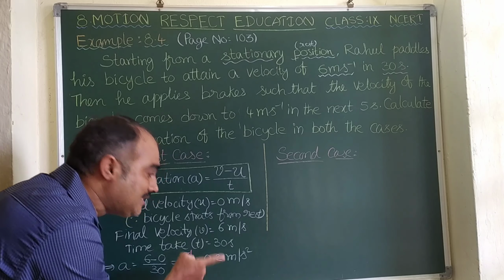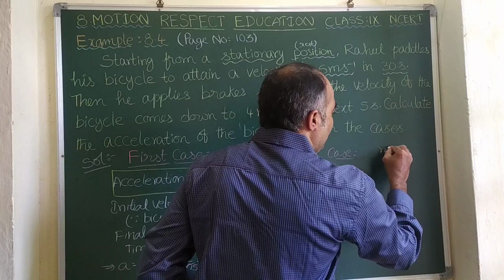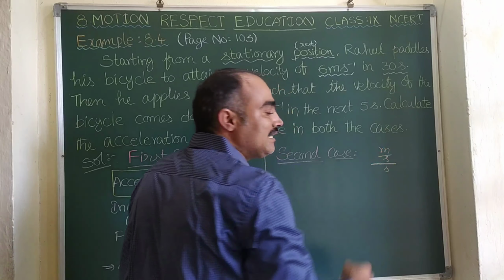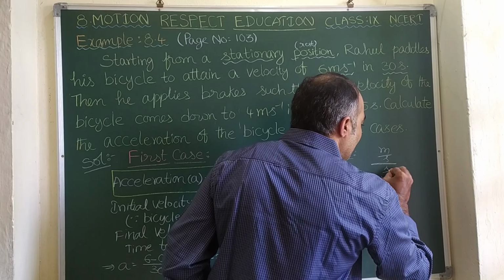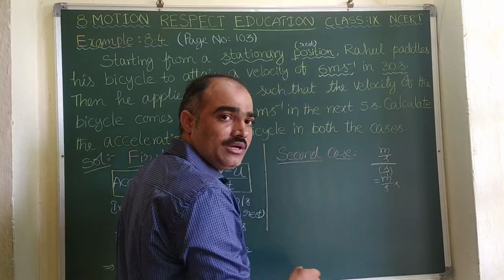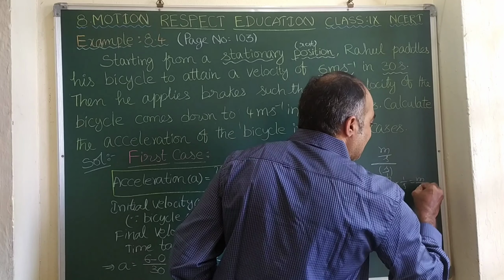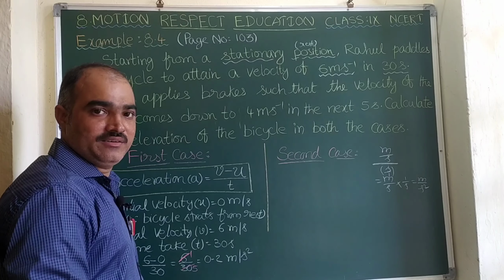Here I am saying once again, speed is in meter per second and time is in second. Simply don't cancel second and second. Meter per second into 1 by s, it is m by s into s, which is s square. So that is the unit of acceleration.